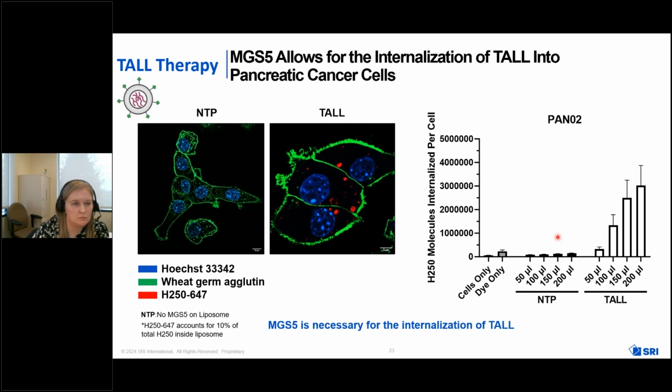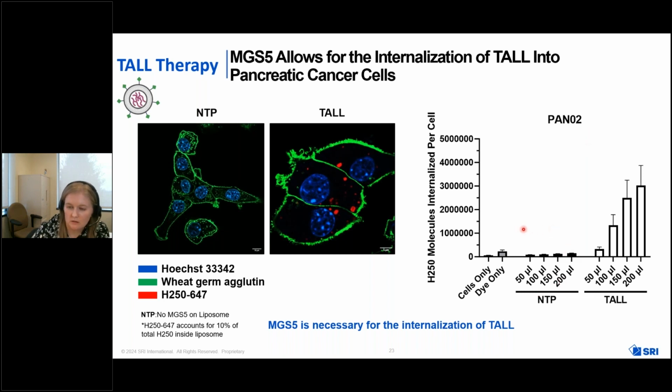So these are liposomes, up in the left-hand corner, that lack the MGS5 on the outside, so they don't have that targeting capability. And so we see no uptake of our H250 647. However, when we look at the TAL-treated cells, we see our H250 647 internalized into the cells. This tells us that MGS5 is allowing for the internalization of the liposome and the release of the H250 peptide.